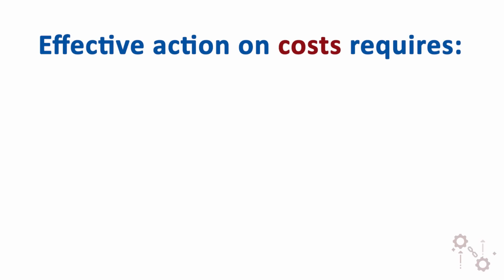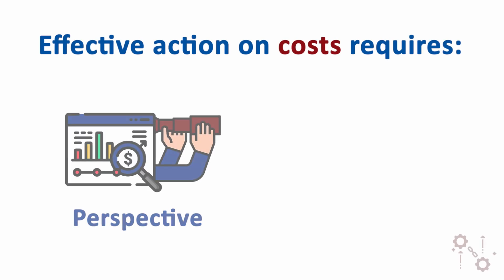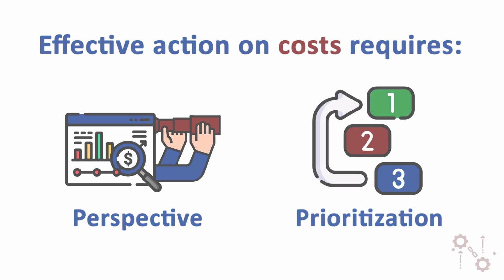Effective action on costs comes from perspective and prioritization. Collecting data on the total costs incurred in your area of responsibility gives you the opportunity for perspective when considering any particular idea. How relevant is it to the big picture?